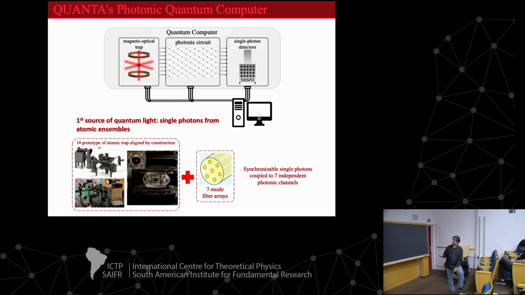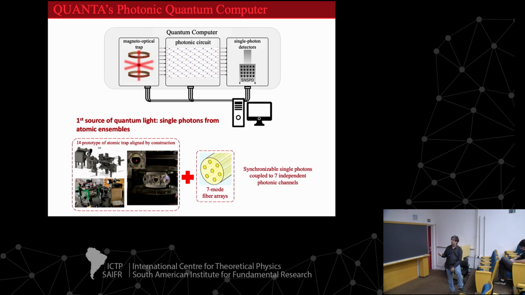And just to call attention to this light source, the first option is the magneto-optical traps, because then you can have single photons and can have synchronized single photons. And the idea is to combine with some fiber arrays, okay? We have already these fiber arrays with 7 independent photonic channels. This is actually a subject that we are trying to collaborate on, even with Stephen, with the multi-core fibers, for example. That would be also in addition to this kind of system.